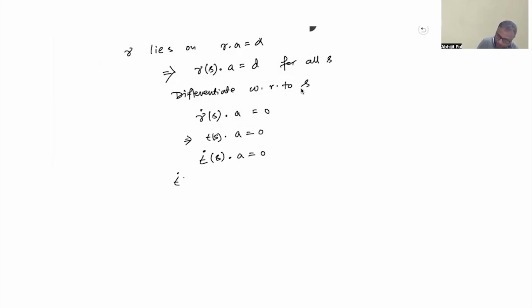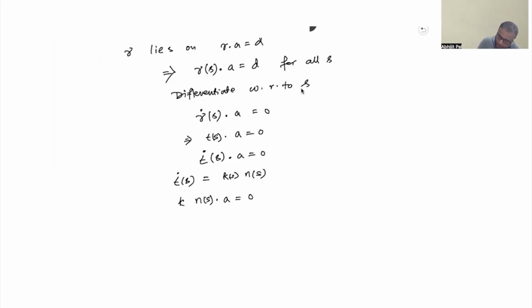But we know that T dot s is equal to kappa s times N s, where N s is the unit normal vector. Therefore kappa s N s dot product with a is equal to 0.